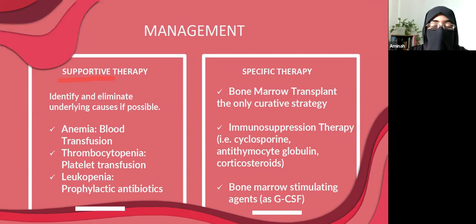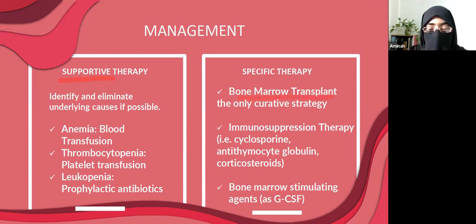In patients with severe and very severe aplastic anemia, according to the blood cell count values, it's considered a hematologic emergency, so they need immediate treatment. The only curative treatment for aplastic anemia is bone marrow transplant.